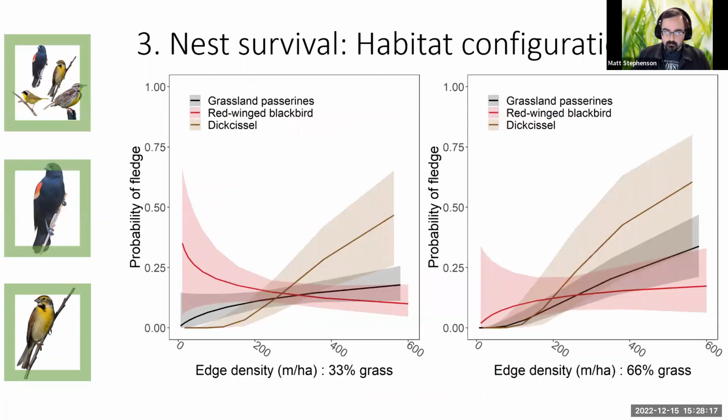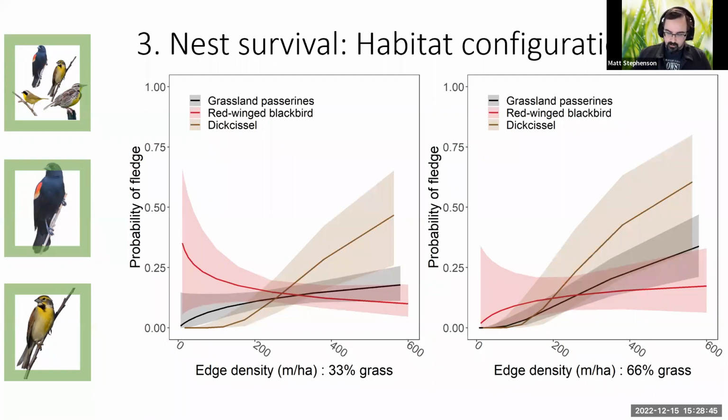And then we also had some configuration variables that were good predictors of nest success. Edge density makes an appearance here again. In a 33% grass landscape, you can see a nice strong relationship between edge density and nest success for dickcissels, a sort of weaker effect for grassland nesting passerines as a group in black, and then either a negative or maybe a neutral effect for red-winged blackbirds.